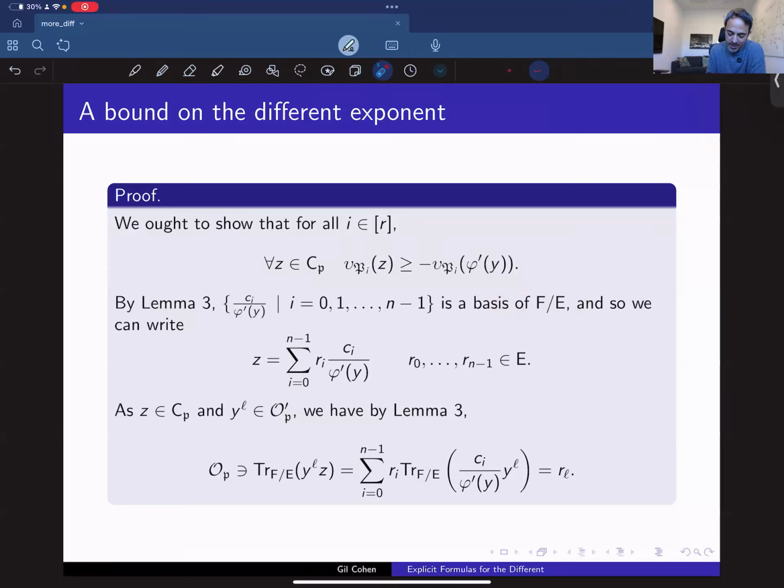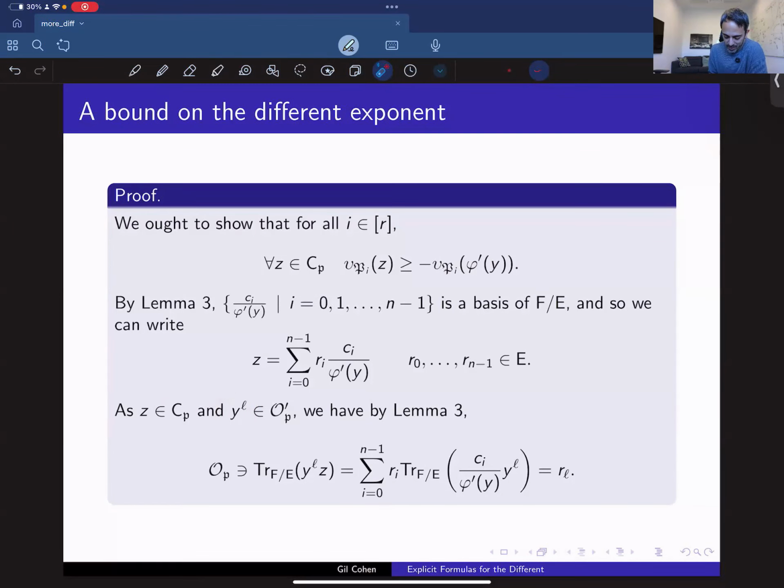And so you can certainly write Z, regardless of the fact that it's in the complementary module, just because it's an element in F, you can expand it according to this basis. And the expansion will take scalars from E, potentially. But now, because Z is in the complementary module, and y is integral over p, certainly y to the L is integral over p.